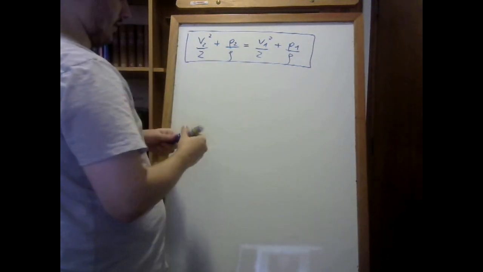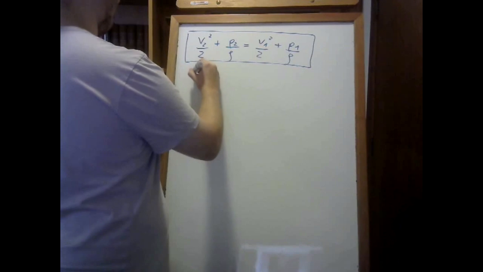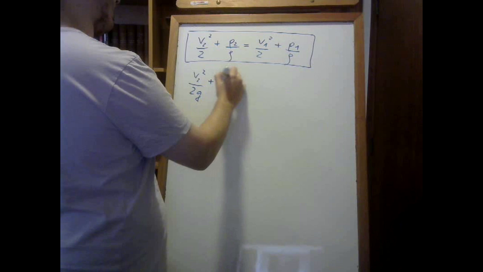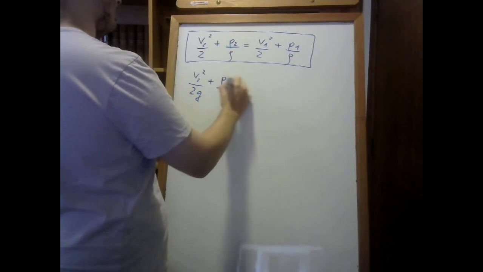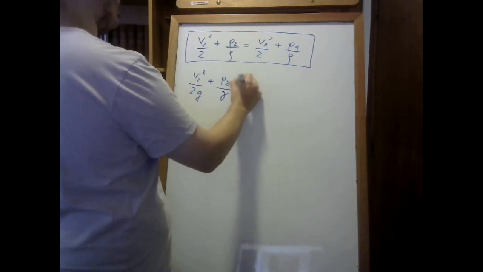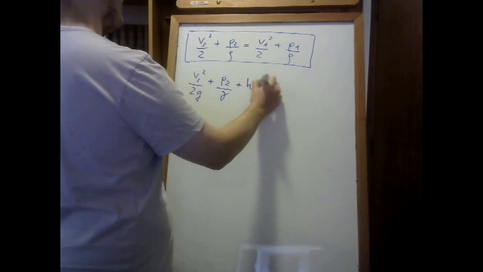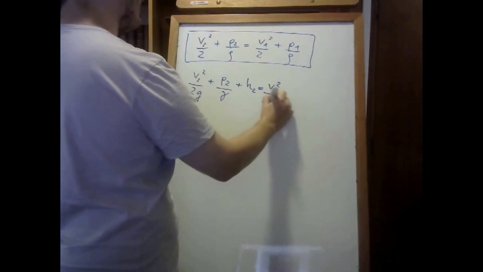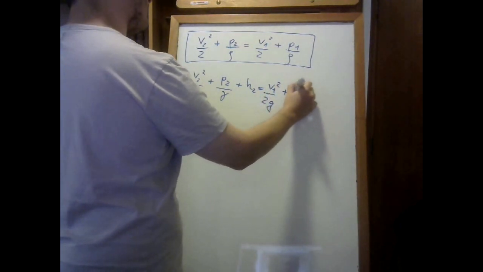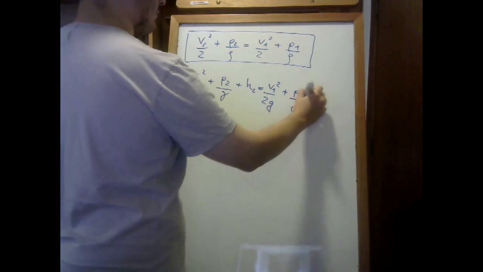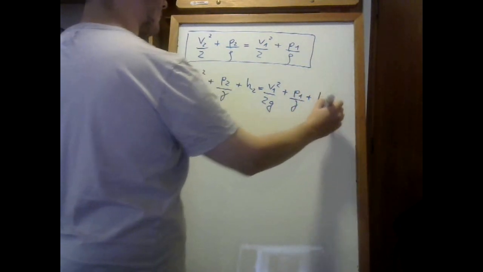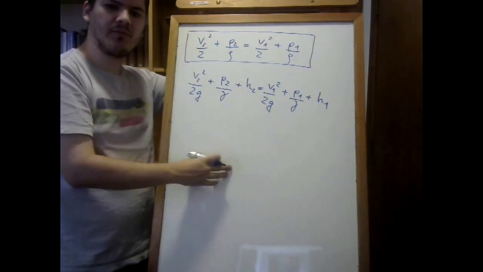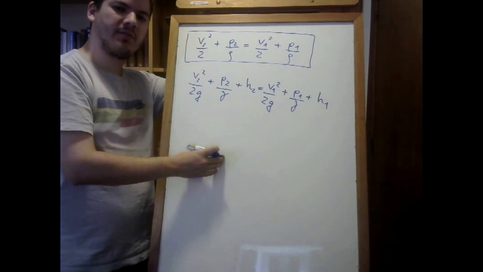It will look like this. So H2 is the height of point 2 in the z direction.